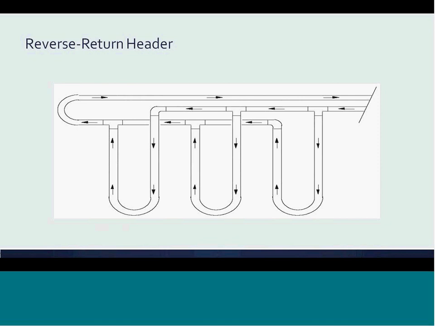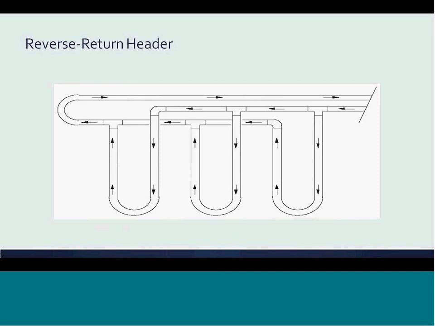The return header solution is the most popular configuration employed by design engineers and contractors because when installed and flushed properly, the piping design ensures that there is equal pressure drop and heat transfer for each individual ground loop. This is not the only solution.